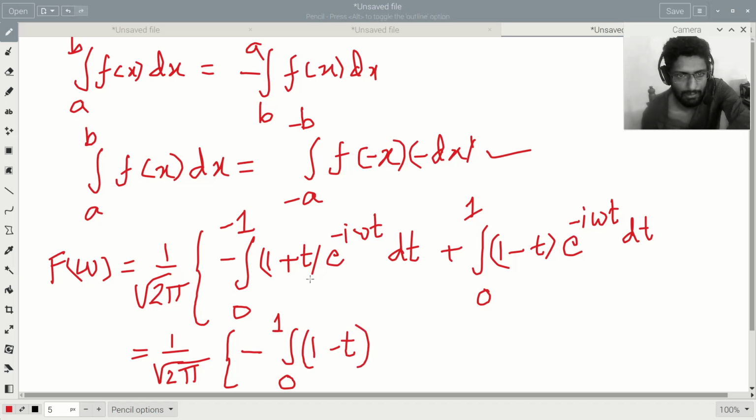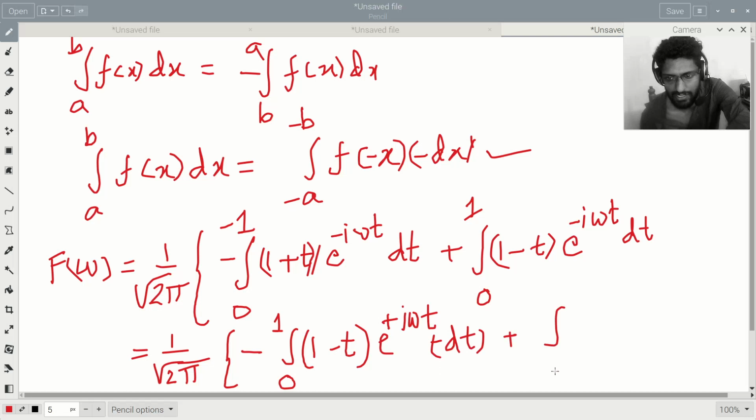Now it becomes 1 minus t. Now e raised to minus i omega t, here also there is a t. There also we can put a minus sign. So we will get plus i omega t, and there is a dt. Plus there is no change in the second integral. We are not changing it. e raised to minus i omega t dt.